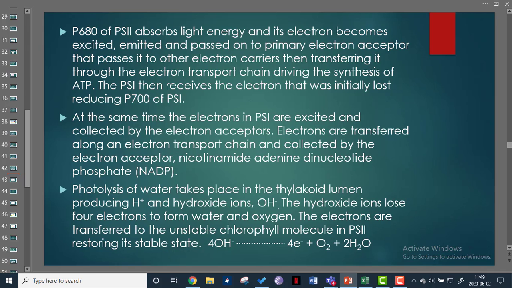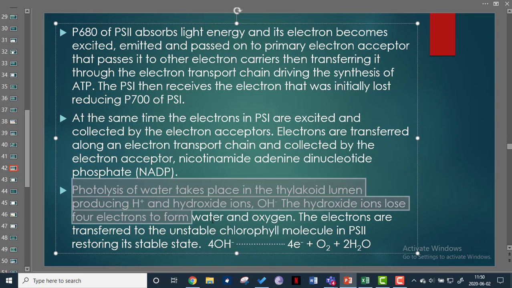They are picked up by the primary pigments, then by the primary acceptors, then by other electron acceptors or carriers, and then they are passed on to the NADP. But before they are picked up by NADP, remember, they need to join with the hydrogen ions to form hydrogen atoms. Now, there is a part on photolysis of water.